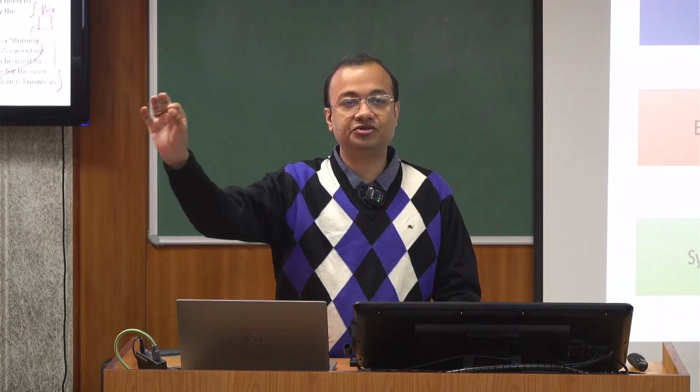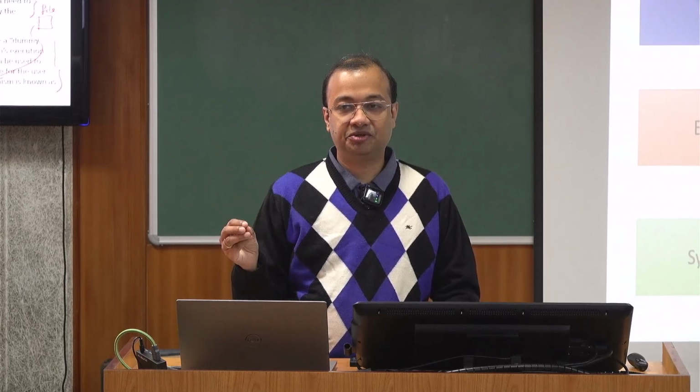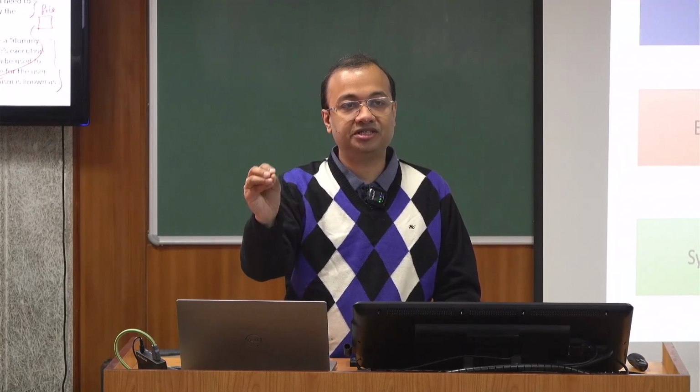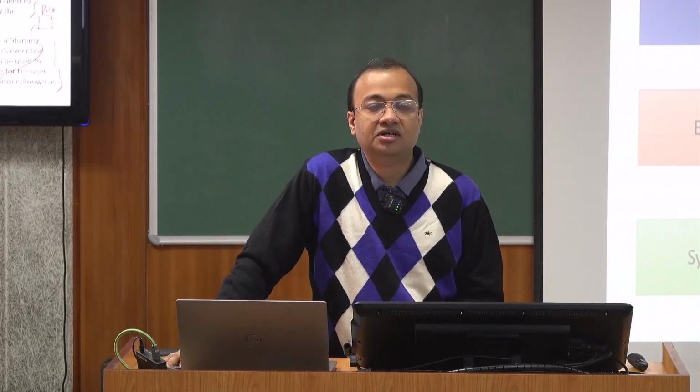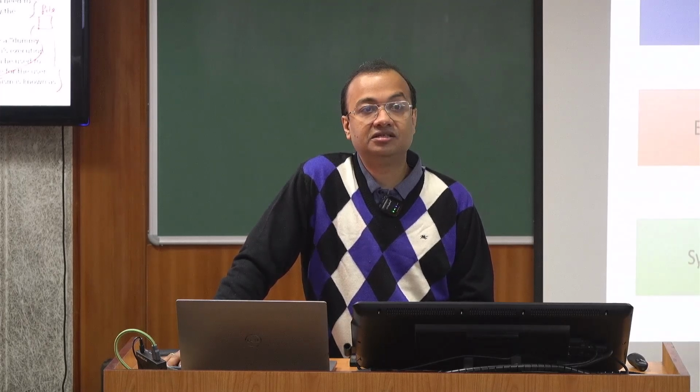From XY, you have moved to X dash Y dash. This information is now there with the OS, but it is not there with the process. So the process has to be informed that the mouse was at XY, and from XY it has gone to X dash Y dash. You kindly do whatever you want to do. So there has to be a back path from the OS to the process. That mechanism is called a signal.